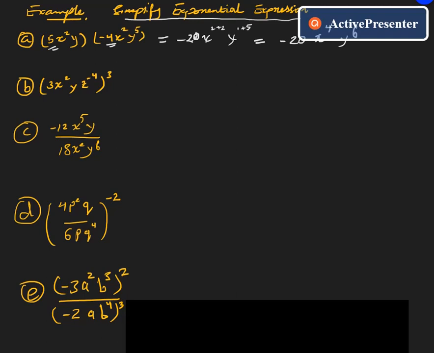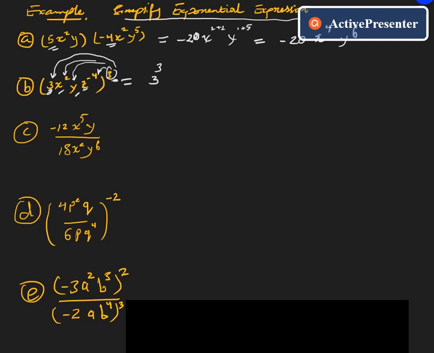The second question, 3x squared multiplied in y multiplied in z to the minus 4, all to the power 3. This of course will be multiplied in the power of z, the power of y, and the power of x. Also do not forget 3 should be a power of 3 of this number, 3 to the power 3. This power should be at the top of each one in between the parentheses.